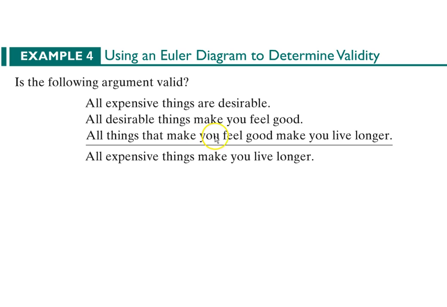All things that make you feel good make you live longer. Again, you're wondering whether or not this particular statement that's underlined, where we're going to put that X as to the validity. So our conclusion, all expensive things make you live longer.